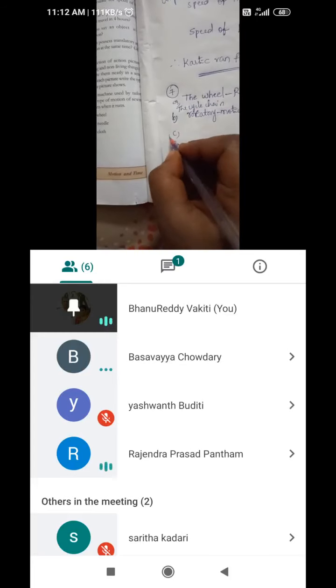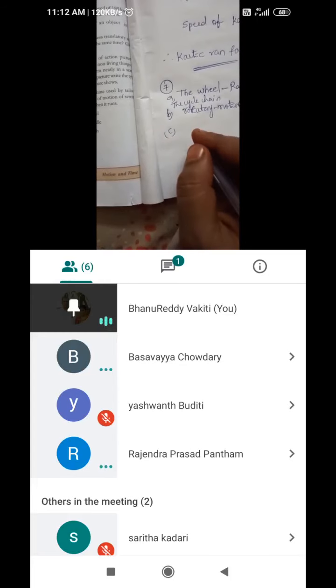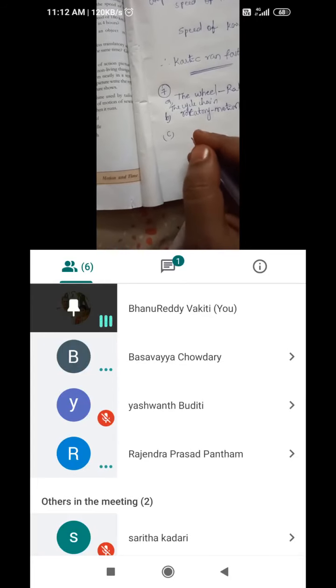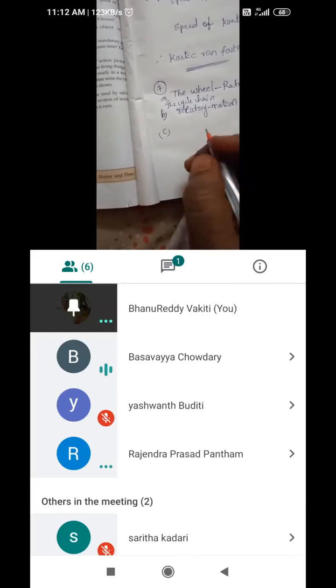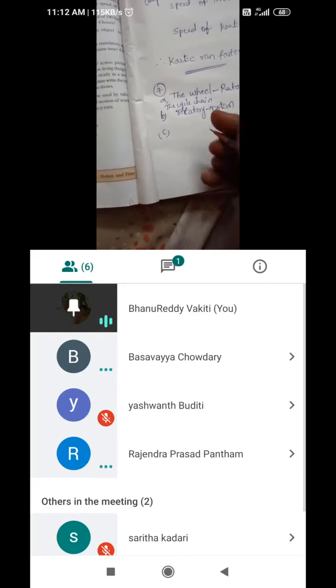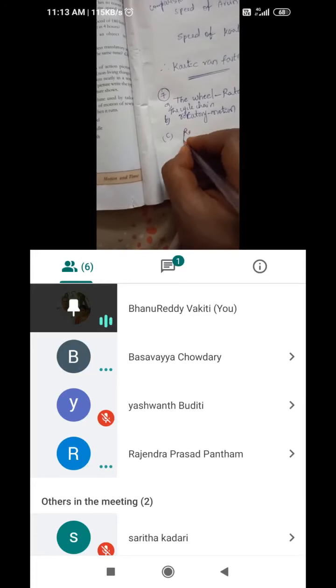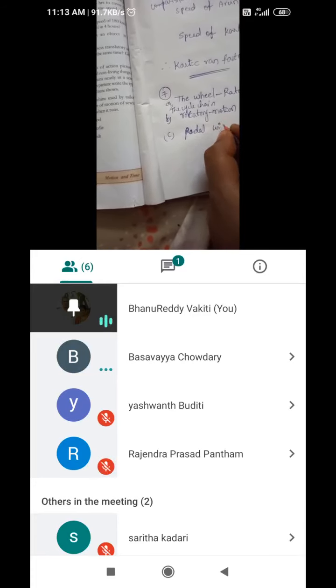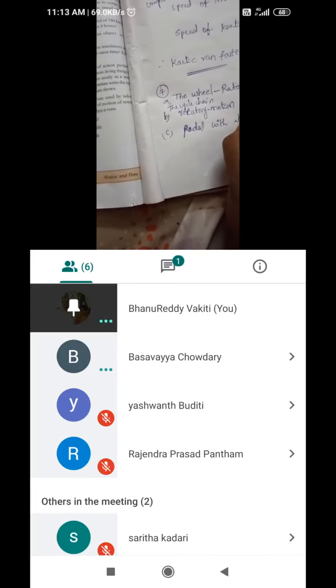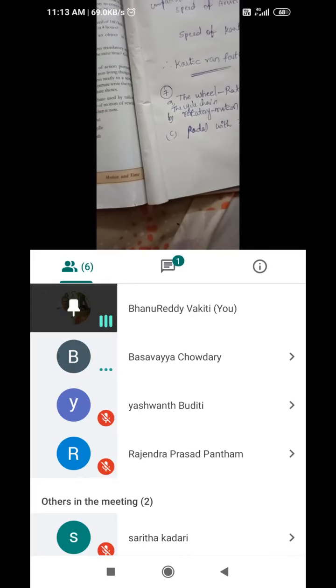And C, the pedal with its arm, that also goes round when we pedal, so it is rotatory motion. Pedal with its arm, rotatory motion.